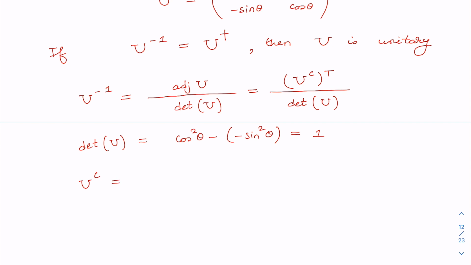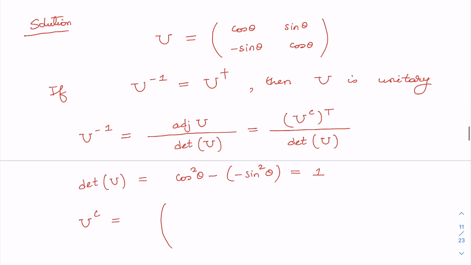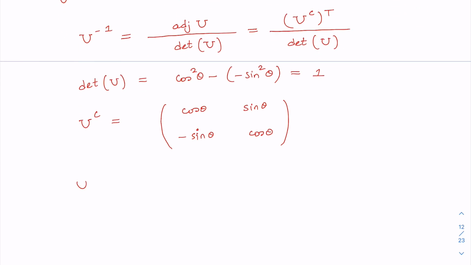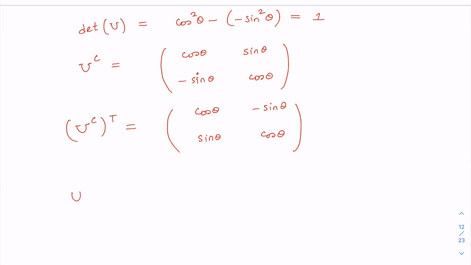The cofactor matrix of U is cos theta, sine theta, minus sine theta, cos theta, and the transpose of this gives cos theta, sine theta, minus sine theta, cos theta.